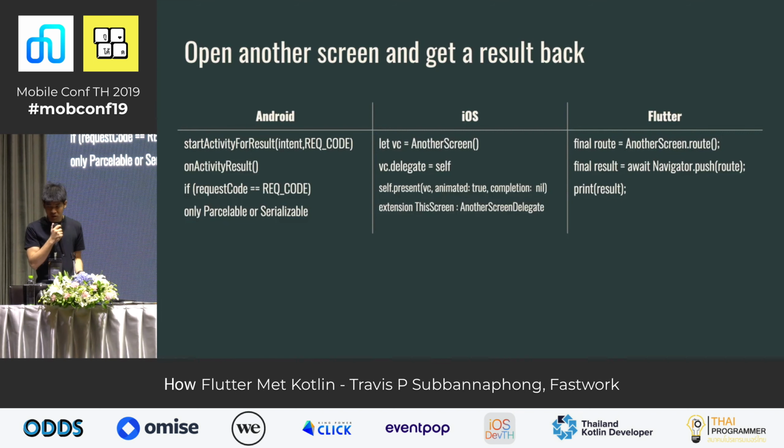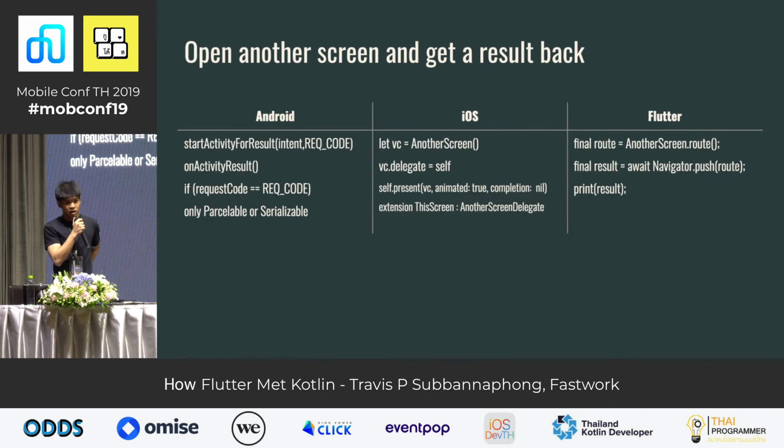You get the request code, and then you have to override onActivityResult, and you check if it's your request code, and then you use your result there. And there's a constraint that you can send only Parcelable or Serializable too. On the iOS side, you create a screen, you give it a delegate, you present, and you get your result back in your delegate, right?